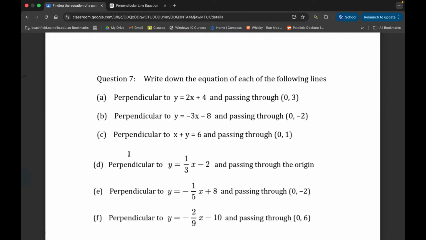So then what you have to do, remember, flip your gradient. So it becomes positive 1/3. So y equals positive 1/3 x minus 2. I'll rewrite that again. y equals 1/3 x minus 2.